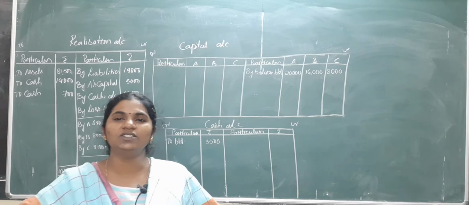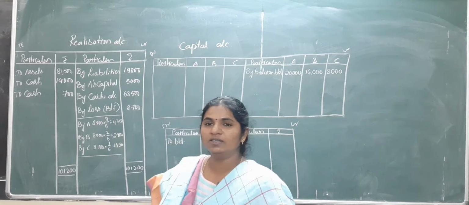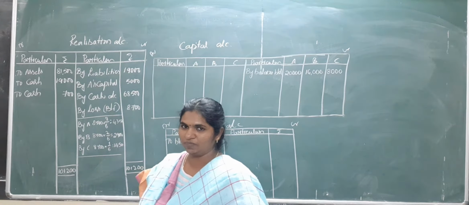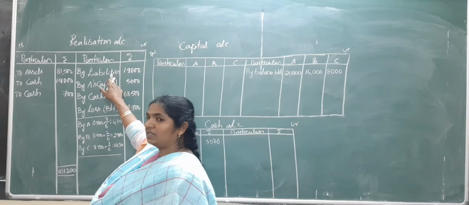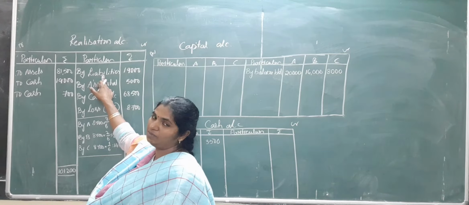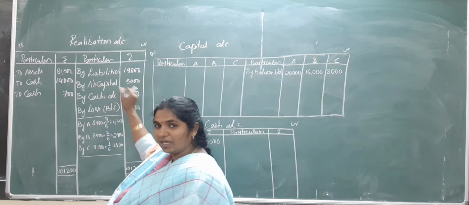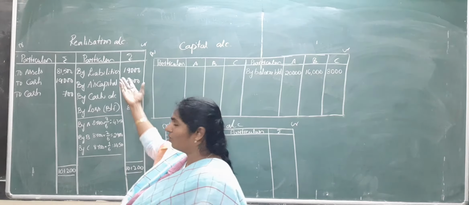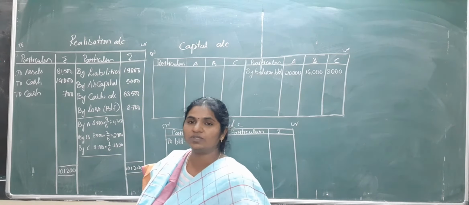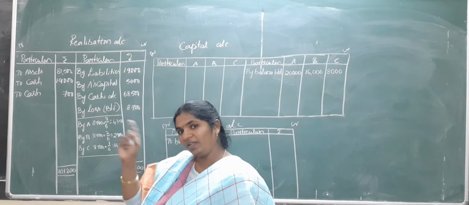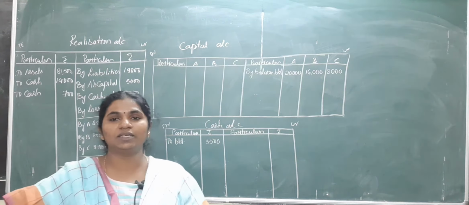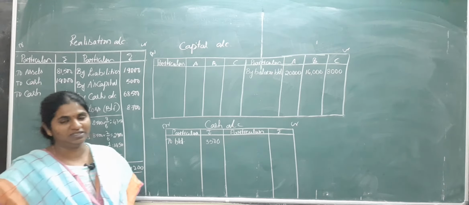Now move to the second journal entry posting. The second journal entry is related to sundry creditors and bills payable, which we transfer to realization. If you want, write them separately as sundry creditors and realization, or else write them as liabilities, 19,000. Journal entry number 3 is about payment of liabilities.